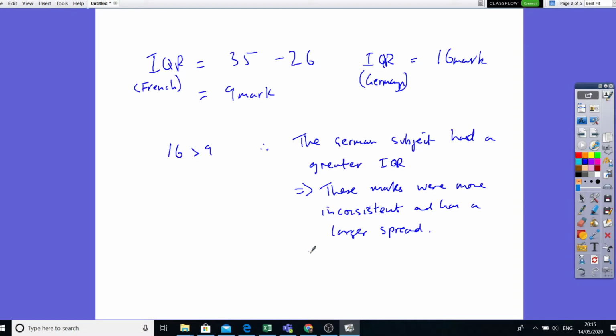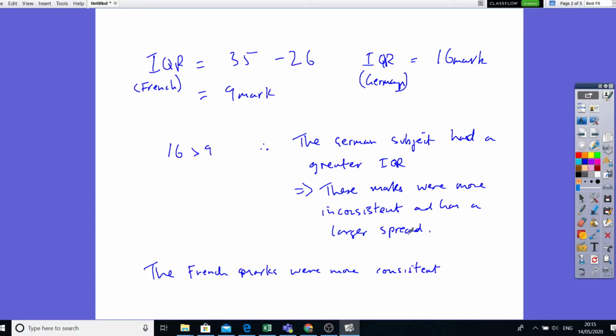In essence, French marks were more consistent. The French marks were more consistent.